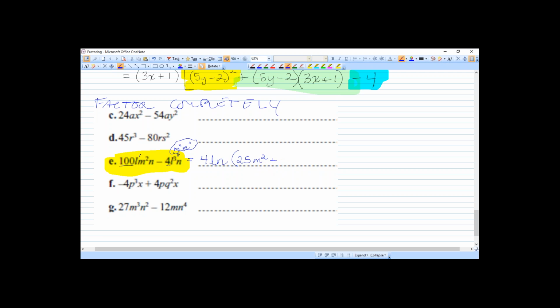You don't have to put the 1 if you have variables, though. So, look, we had an L to the third power, right? We factored 1 out, so we're going to have L squared left over. So the N is filtered out, and this is what's left over. Now, we said to check the leftovers to be sure you can factor some more.